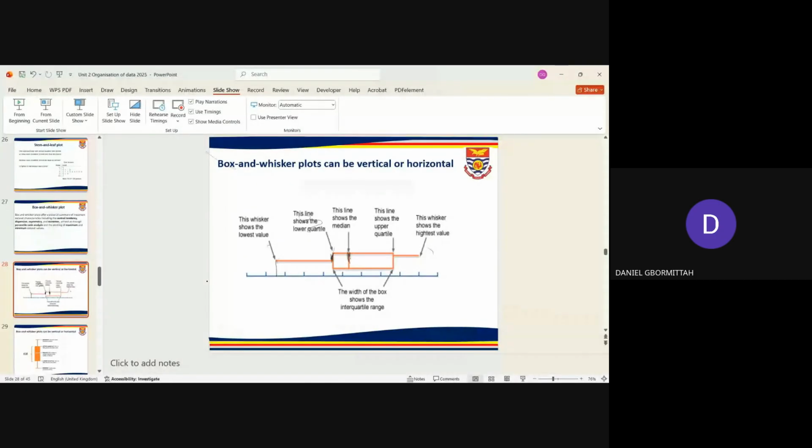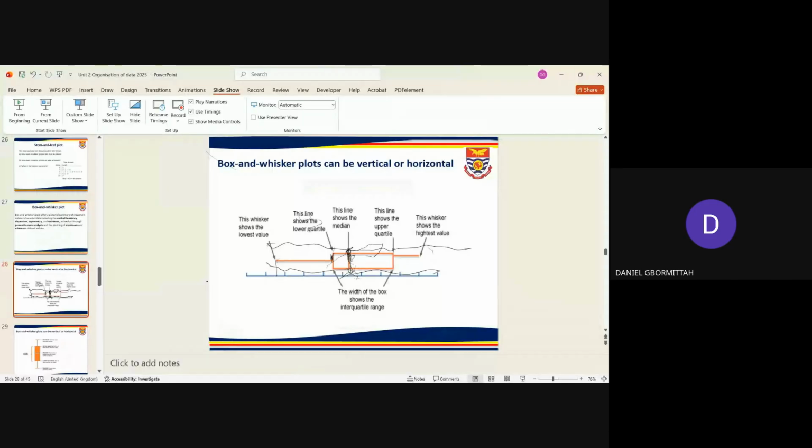So what it means is that if this is the median, then half of the data set is this way. And then from this midpoint, this way is also half. So check the measurement and see. I think yes.